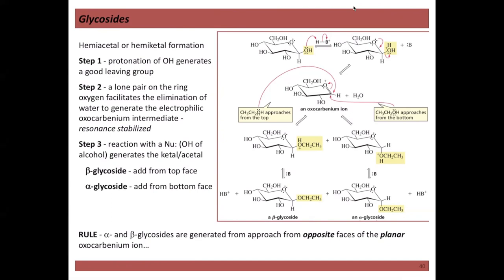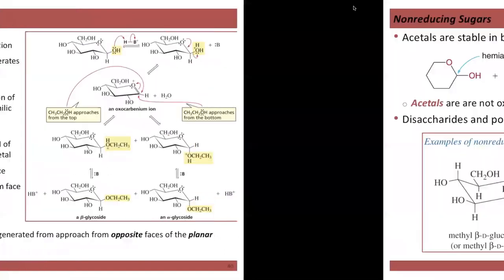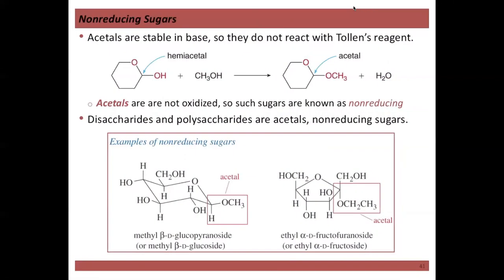In fact, think and try to figure out what type of molecules we have that are alcohols, lots of them that are floating around in our system. And the answer is not too hard. We've got lots of sugars floating around in our systems.